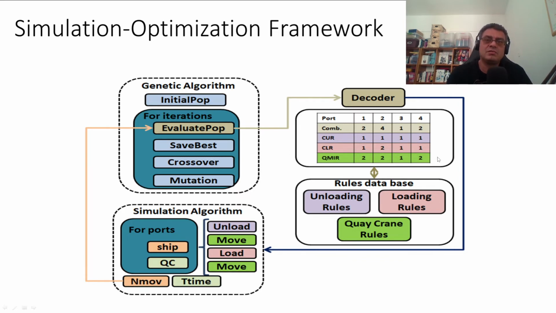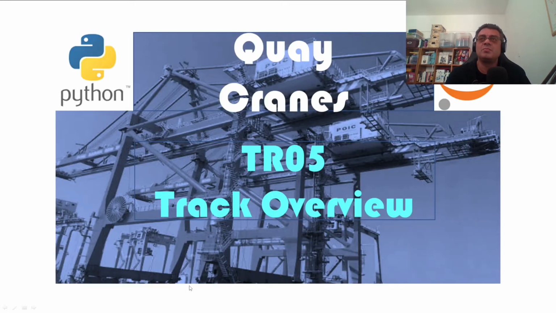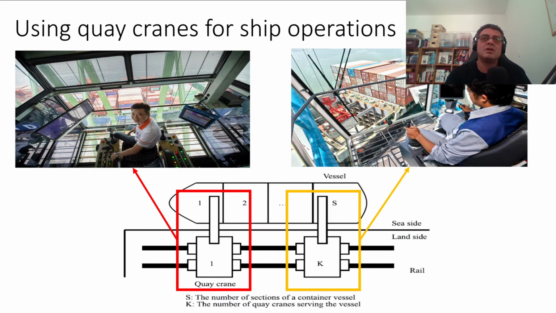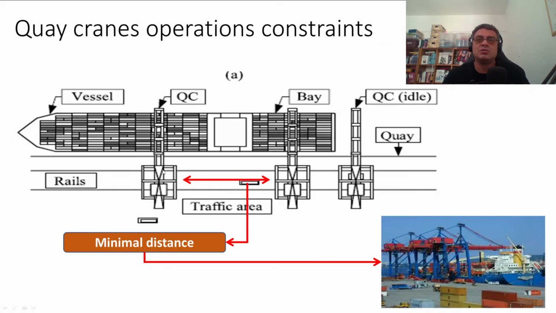We can also consider, and also extract after doing a simulation, the number of movements or the total time to perform the operations. So to compute the total time, it's important to consider the quay crane. In track number 5, we saw how we can consider quay crane rules to operate more than one quay crane, because quay cranes should keep a minimal distance between them.